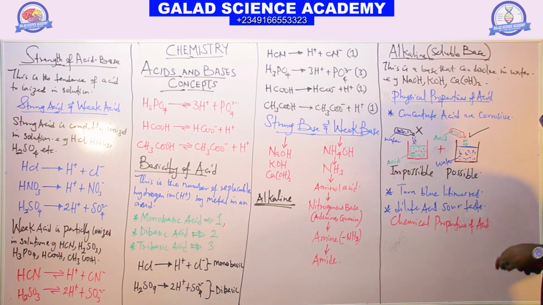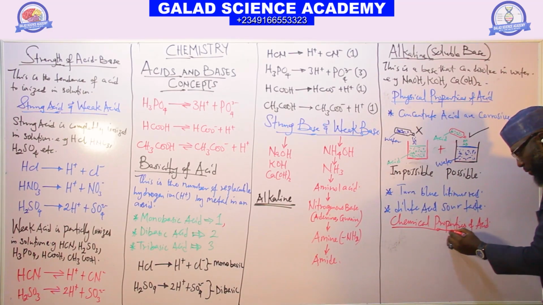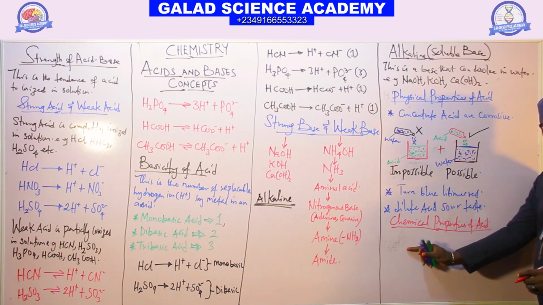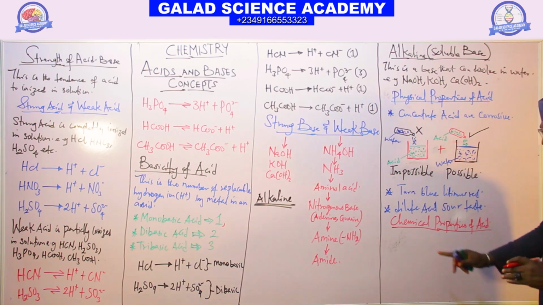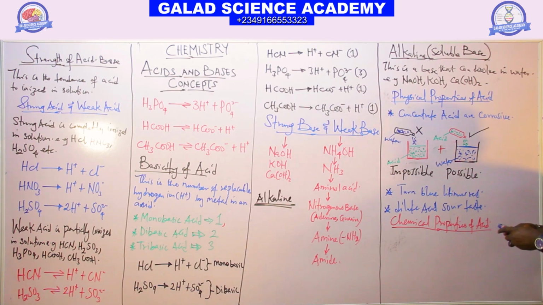The physical properties, I gave you three here, and we also have three basic properties of acid. What is the first one? If you are talking of chemical properties of acid, acid reacts with some metals to liberate hydrogen. It reacts with base to form salt and water.